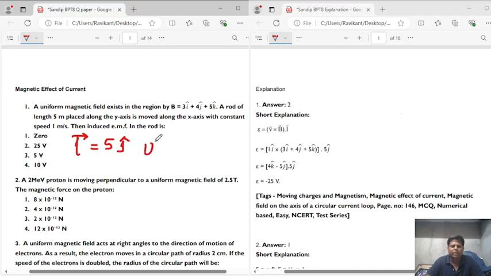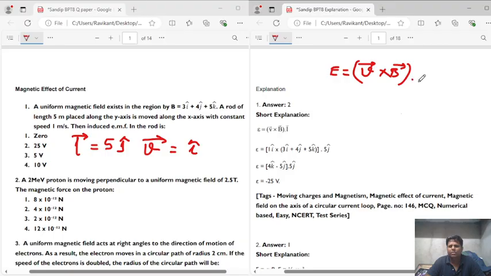So our velocity vector v will be equal to i cap, right? The formula which we are going to use over here is induced EMF E = v vector cross b vector, and the result of this will be dot producted with the L vector.